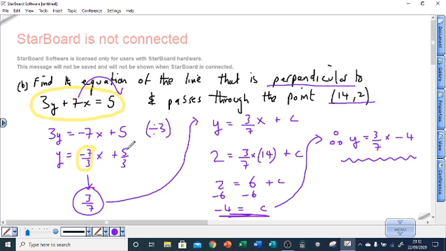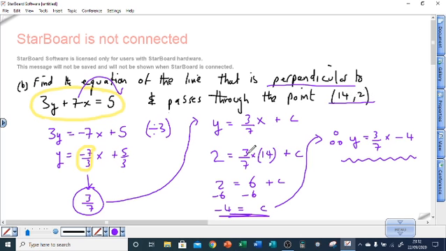So let's look at it again. First of all, we rearrange this to get it in the format of y equals, and as soon as I did that, I looked at the gradient of this original line. I found the perpendicular to it by flipping and changing the sign. I then started with y equals mx plus c, and I replaced this with my m, and then I had to use a point that I knew the line goes through, and replace the x with 14 and the y with 2.